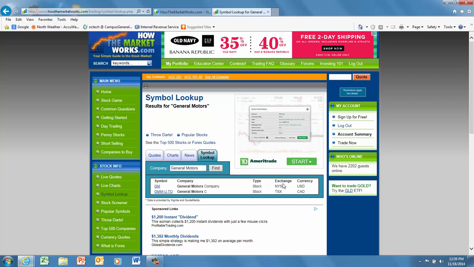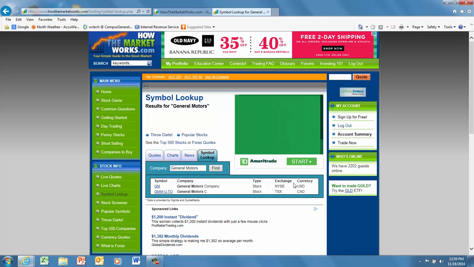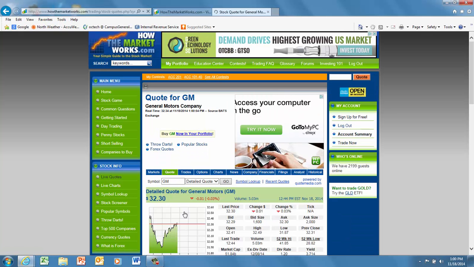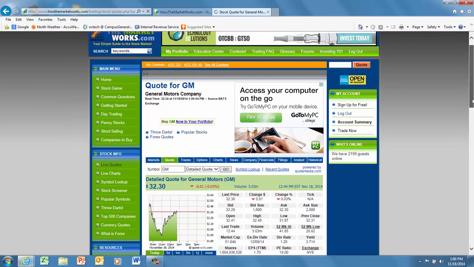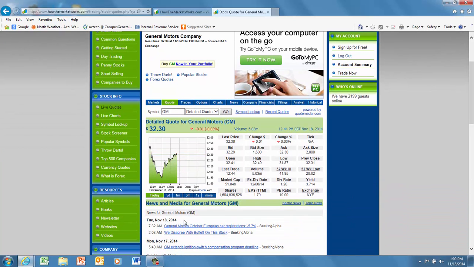And you can notice what exchange it is on. This is on the NYSE, the New York Stock Exchange. That's the one we want. Okay? And so you can click on that, and it will give you some information. Now here is a little chart that shows the stock price for General Motors for today.